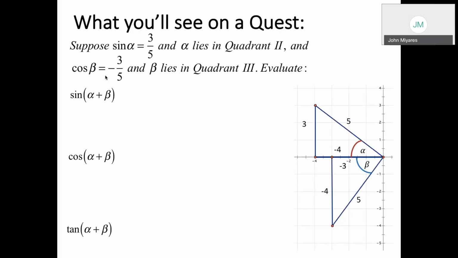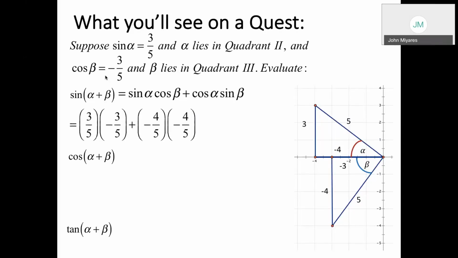Now that we have our reference angles in place, let's expand out our identities. The first one, the sine of the quantity alpha plus beta, will equal the sine of alpha times the cosine of beta plus the cosine of alpha times the sine of beta. Reading these values directly from the triangles, we see that we'll have the sine of alpha is 3/5 times the cosine of beta, which is -3/5.